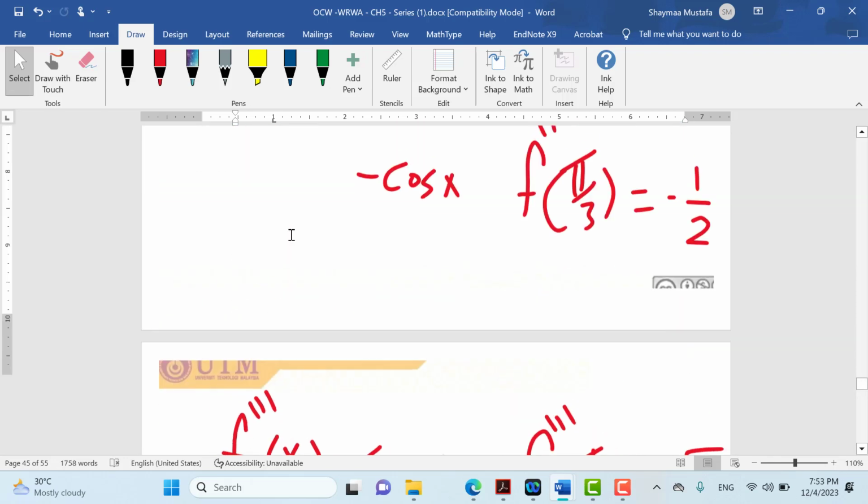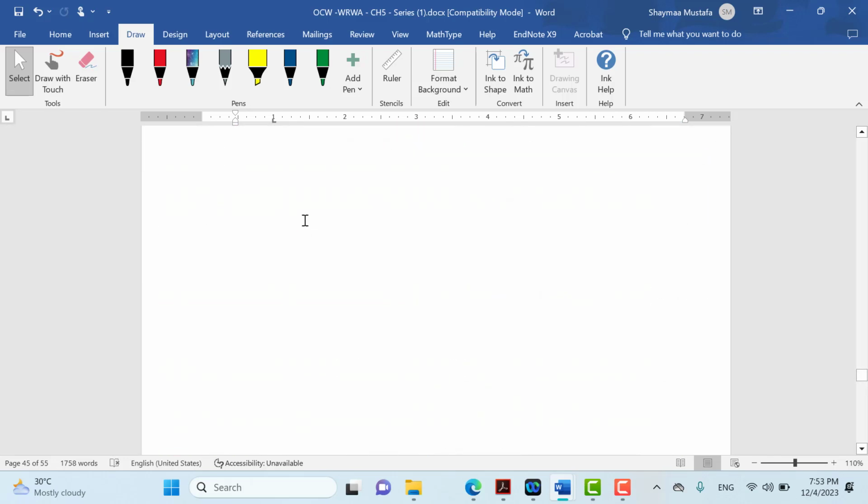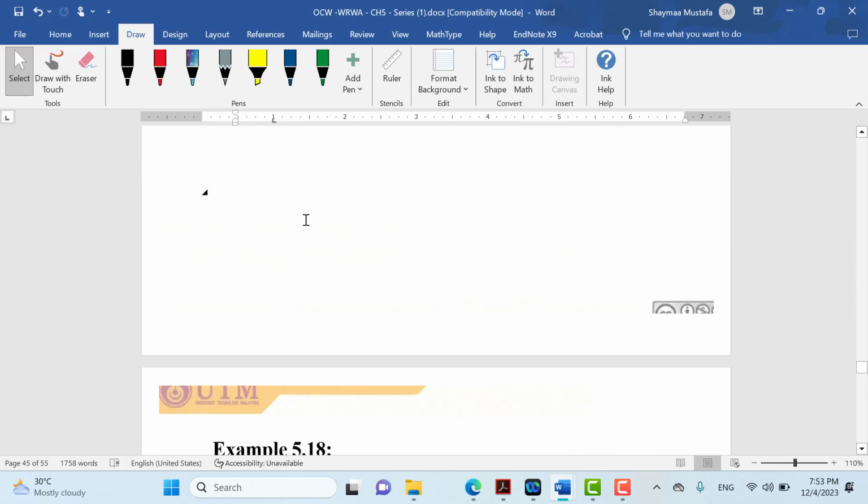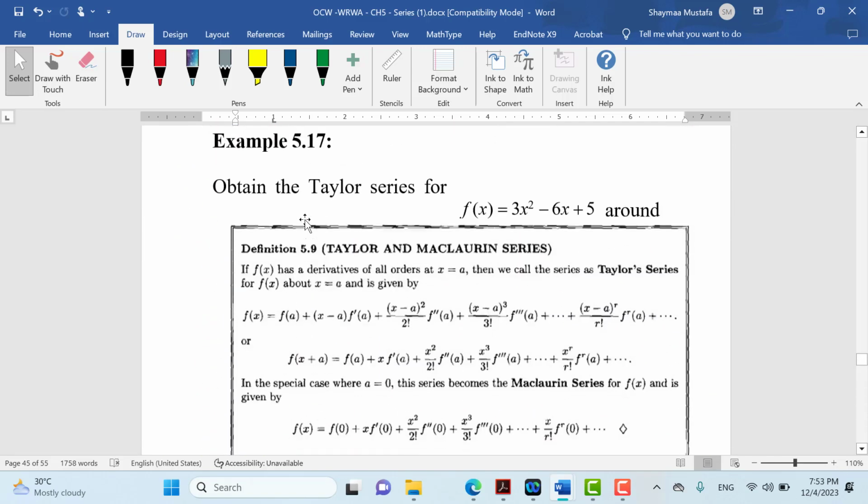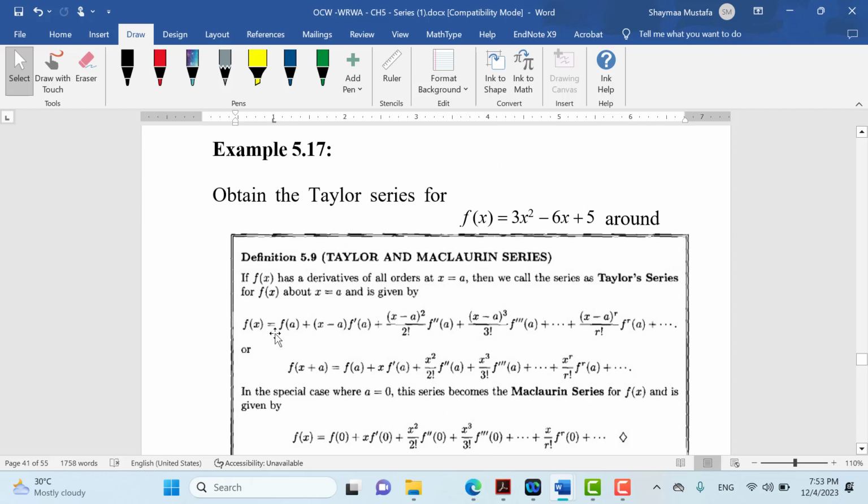You can use one of the previous formulas. You can choose one of these formulas, this one or this one. We can follow the first one as usual or the second one.